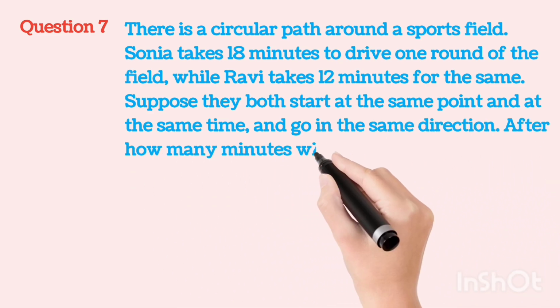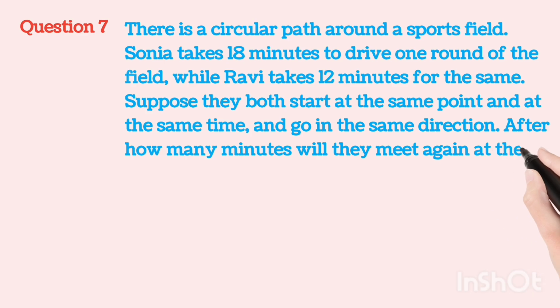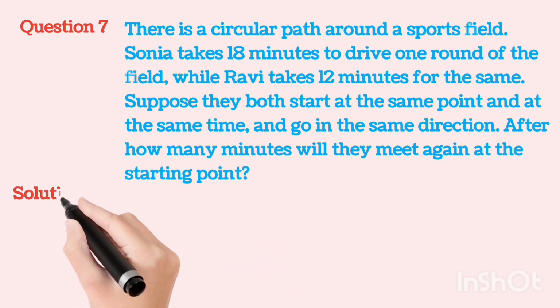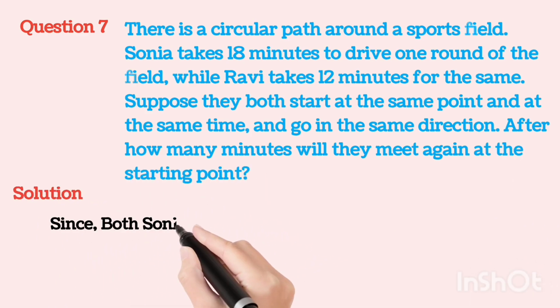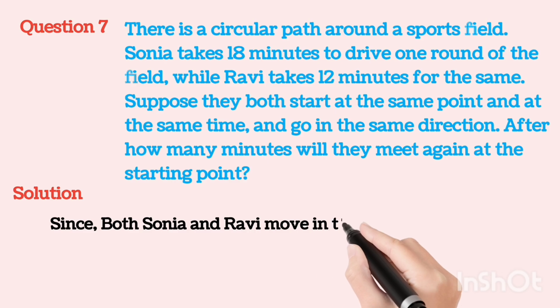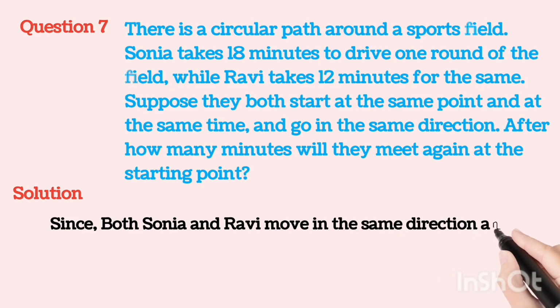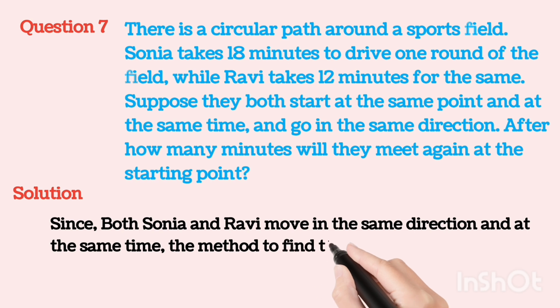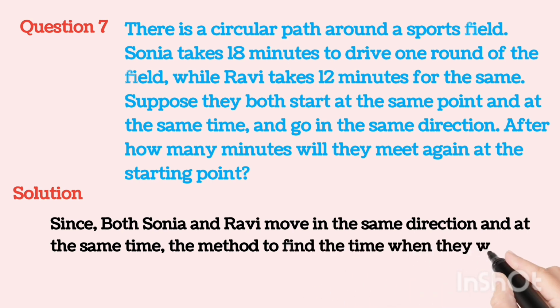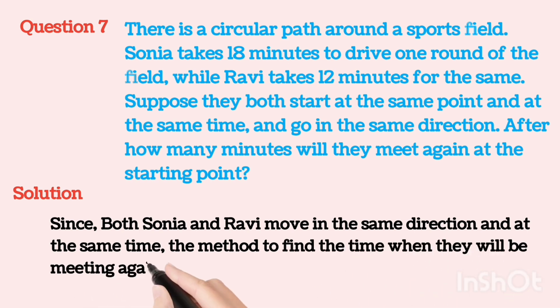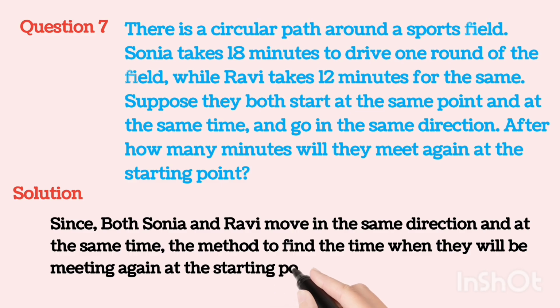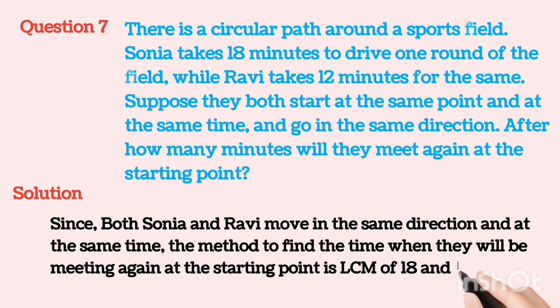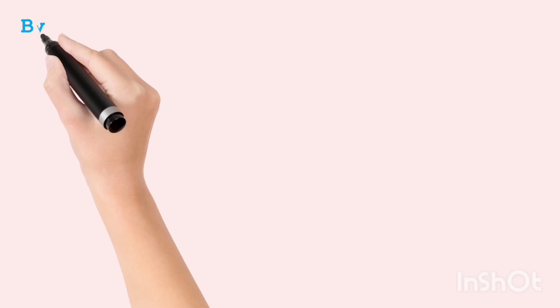After how many minutes will they meet again at the starting point? Solution. Since both Sonia and Ravi move in the same direction at the same time, the method to find the time when they will meet again at the starting point is the LCM of 18 and 12.